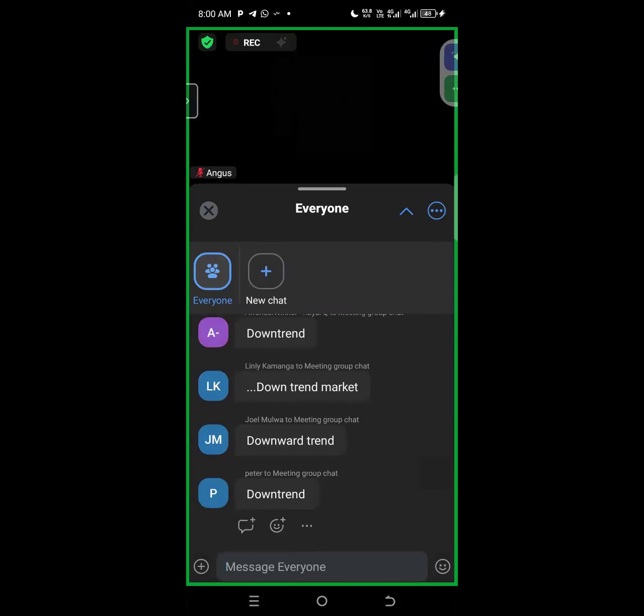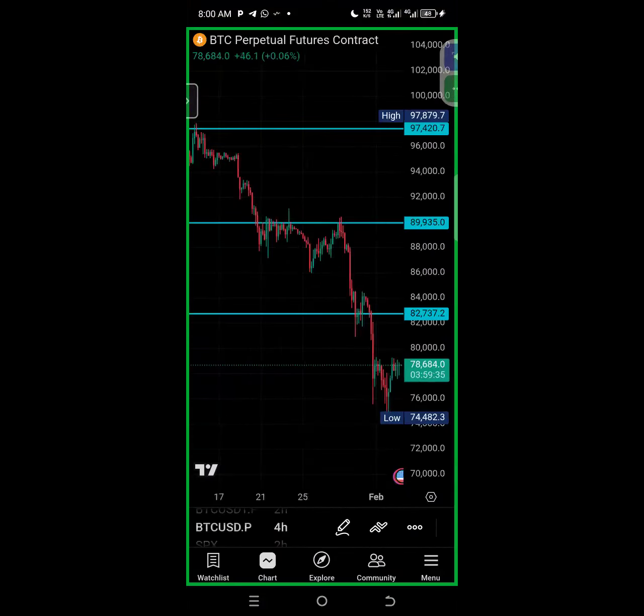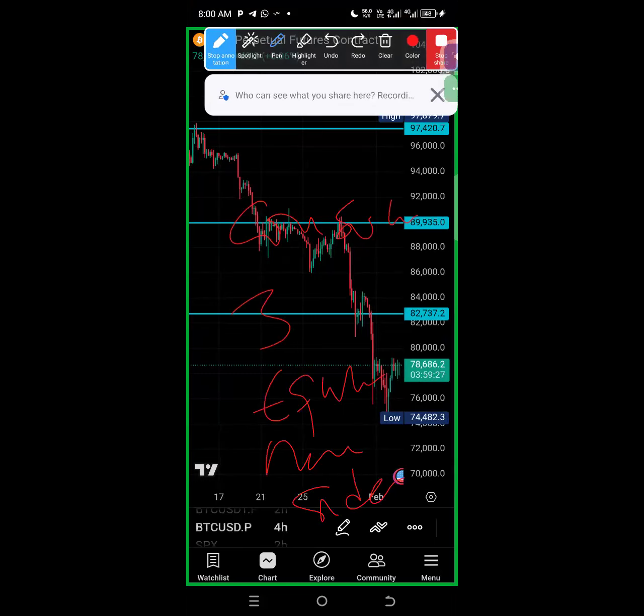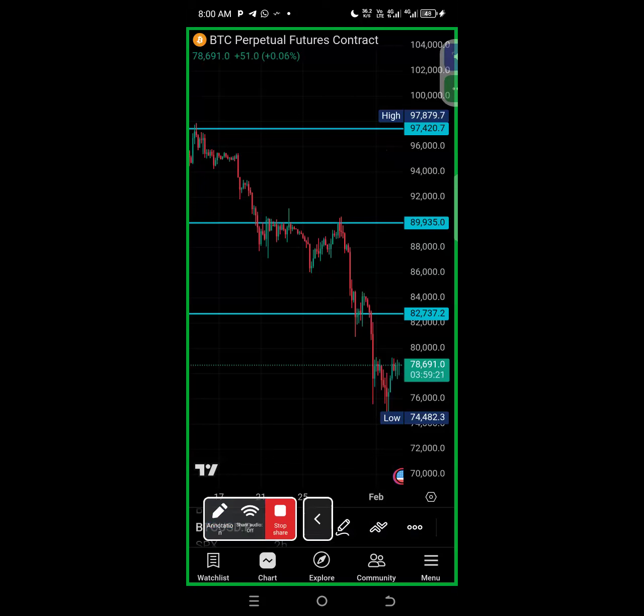So it's a complete downtrend chart that we are observing, forming a lower low, lower high. This is what we'll be doing tomorrow if God permits. So let me take time.